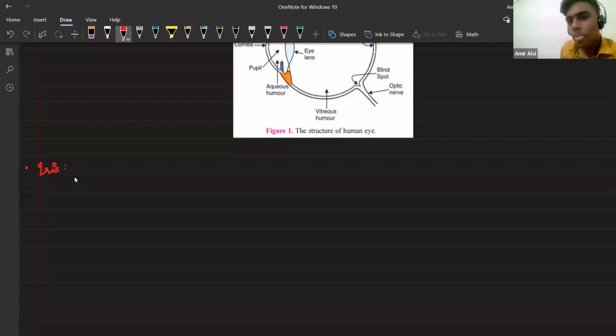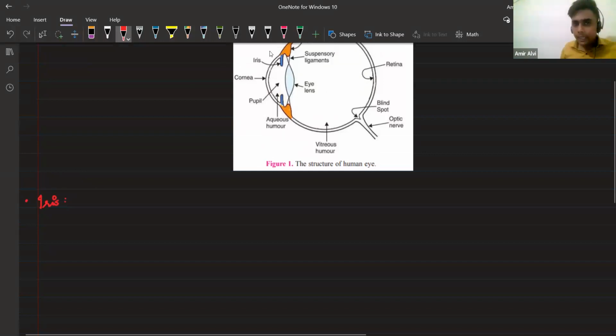What does an iris do? It helps to maintain the light. It means that it controls the amount of light that is going inside our eye. Clear? Yes, sir.